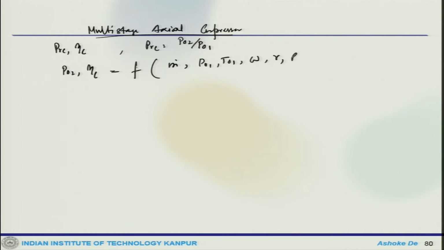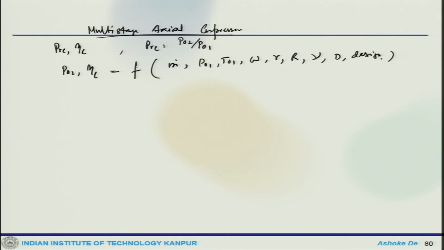We are interested in PRC and eta C of a compressor, where PRC is the pressure rise, P naught 2 by P naught 1, and eta C. These would be functions of mass flow rate, P naught 1, T naught 1, rotational speed, gamma, R, nu, d and other design parameters.